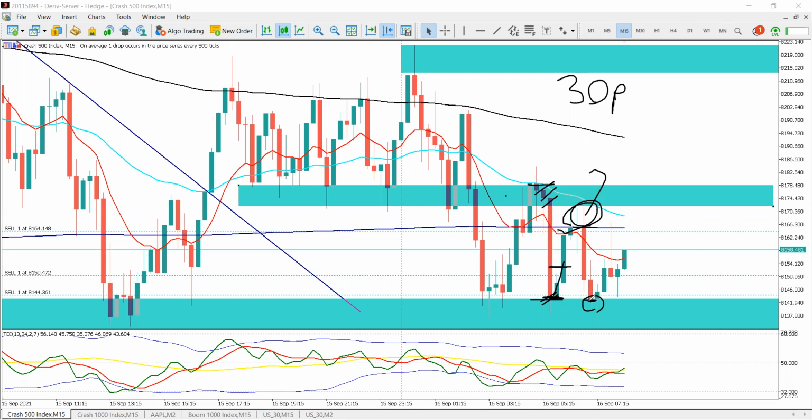And one more thing, make sure you open one with the smaller lot size, right? When you scale in, do not scale in with big lot sizes, number one. Number two, if you get a 30, 40, 50 pip move, close all positions and open only one or leave one running. This allows you to be net positive per trade.